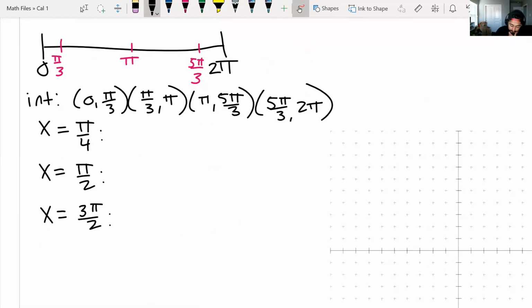And then from 5 pi over 3 to 2 pi, I think we can do, 5 pi over 3 is there, so you could do 7 pi over 4. And remember, you're plugging these into the second derivative.